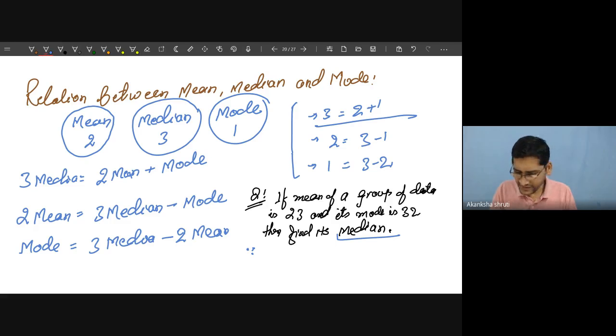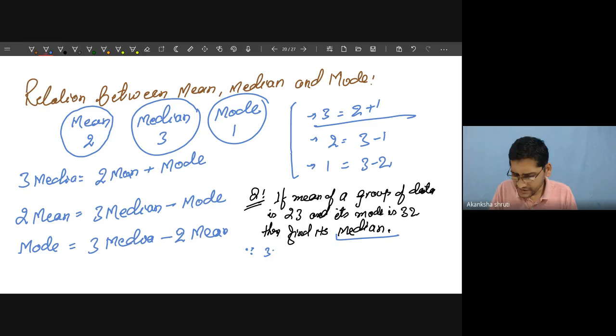Which relation? All these three relations are the same thing. Since thrice of median is equal to twice of mean plus mode, just go for substituting it. Twice into 23 plus 32, go for adding this.